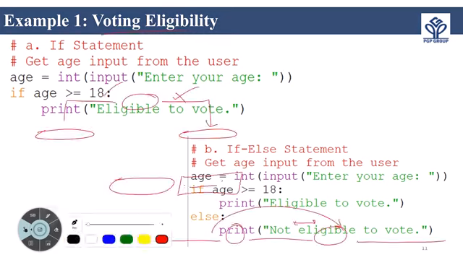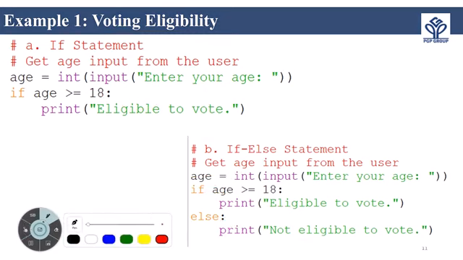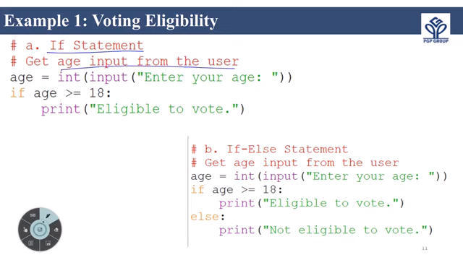Next one, example 1. See here, voting eligibility. First one, if statement. Get the age input from the user. So I need input. We are assigning the variable name age. We are assigning age is equal to the integer data type of input, enter your age.